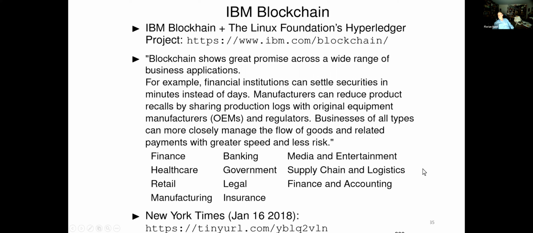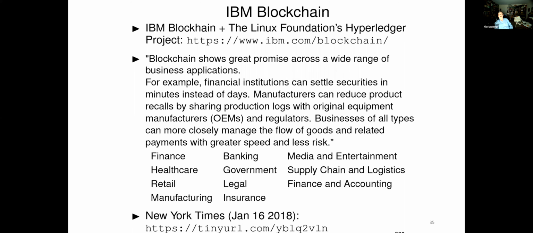A couple of weeks ago, IBM invited me to participate in a conference similar to the one we're having today. IBM brought a whole bunch of people to present their cases of using IBM blockchain. And I'll talk to you about that in a second.